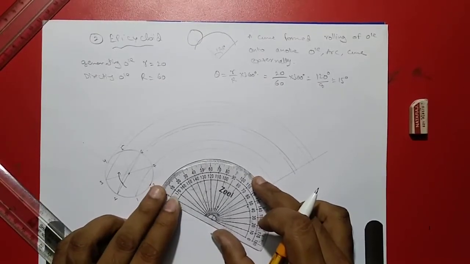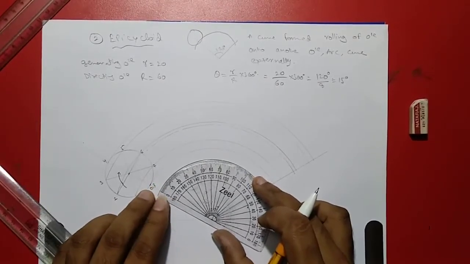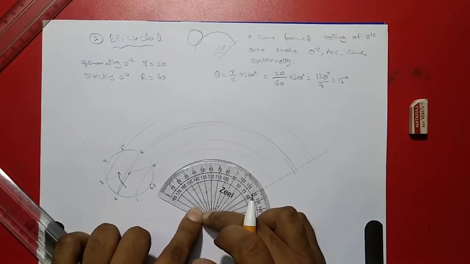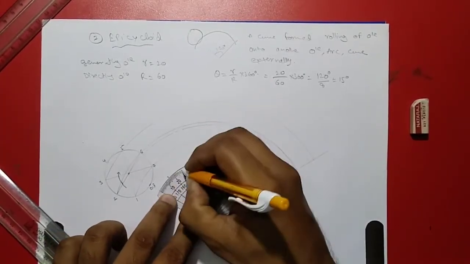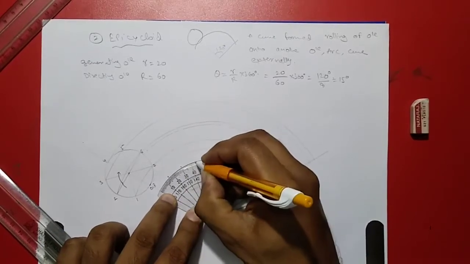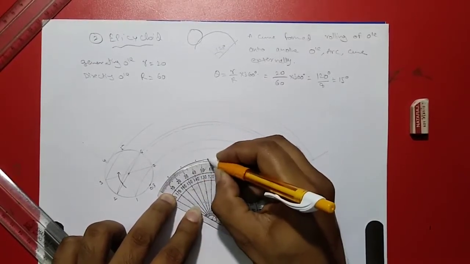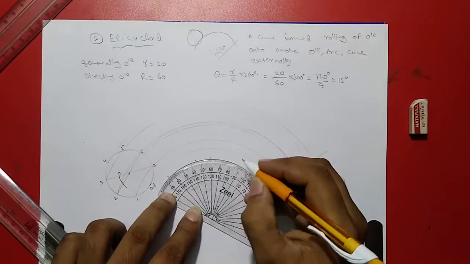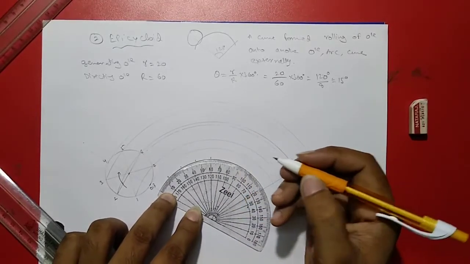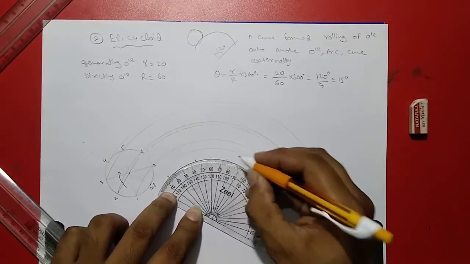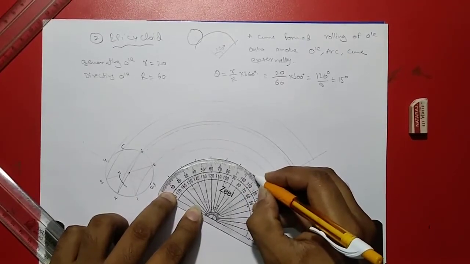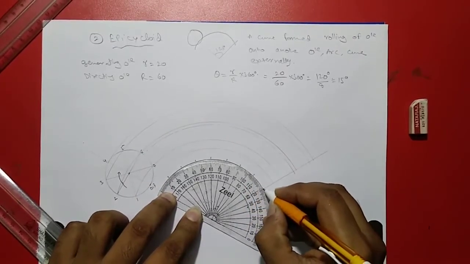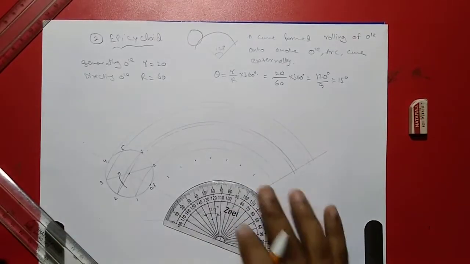So I have to divide this arc into 15 degrees each. I'll place my protractor over here and divide this into 15 degrees each. 15, 30, 45, 60, 75, 90, 105, and 120.